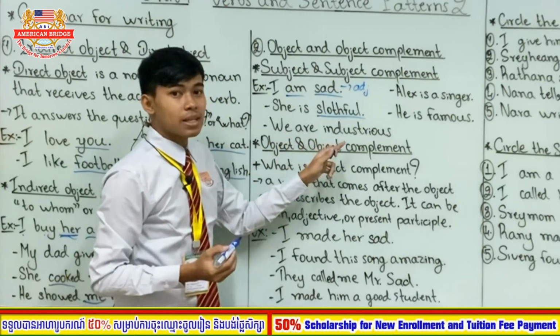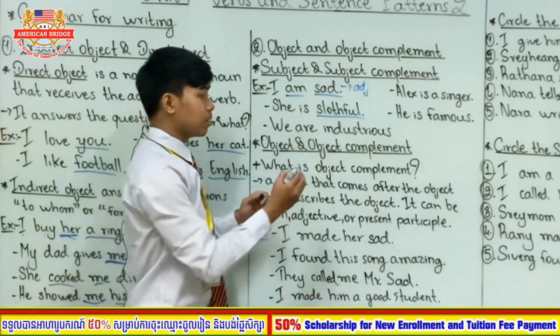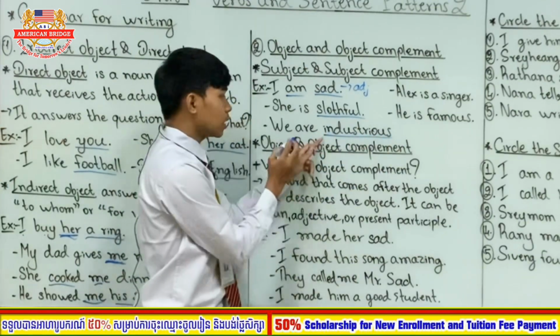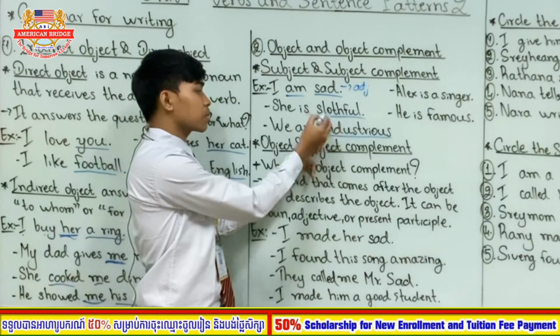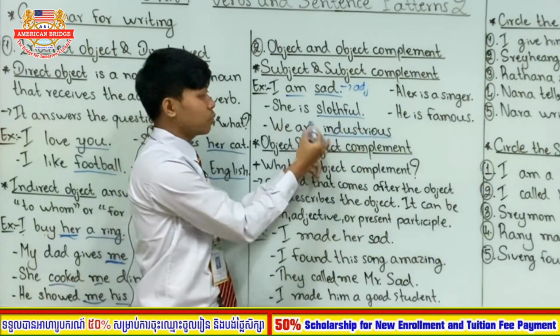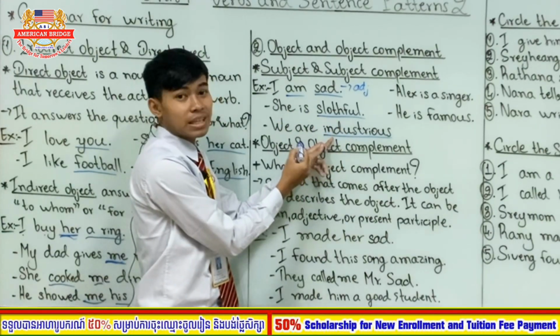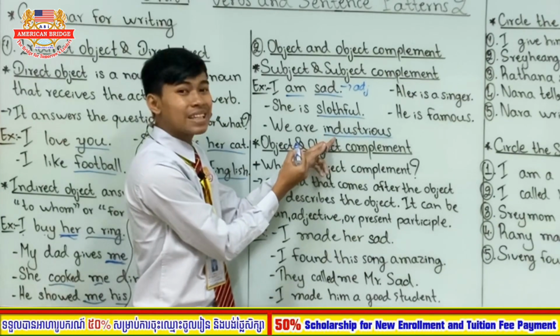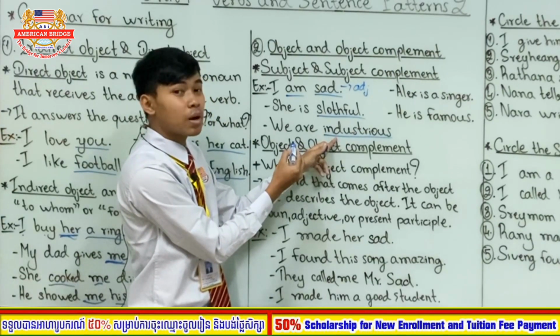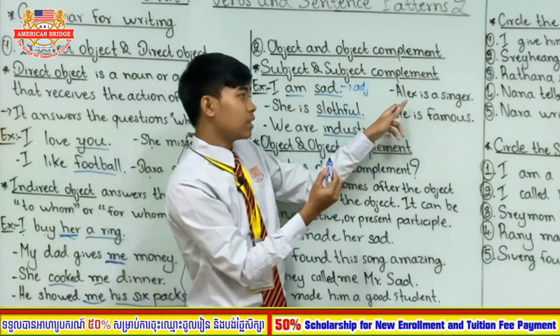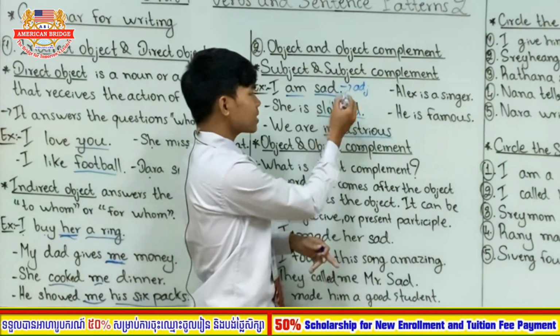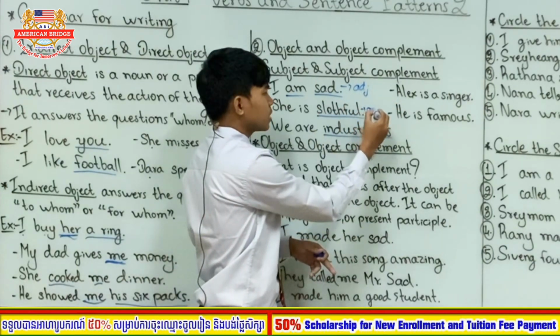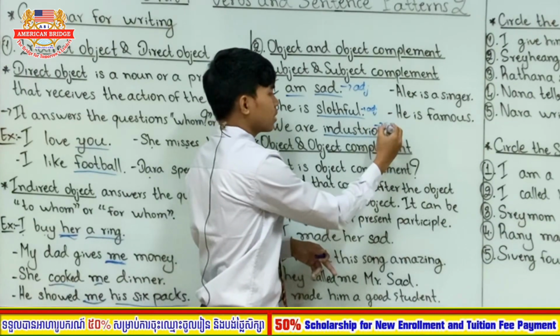The subject complement is industrious. It comes after the linking verb are and it describes the subject we. What does industrious mean? If you are an industrious person, it means you work very hard. So here sad is an adjective, slothful is an adjective, industrious is an adjective.